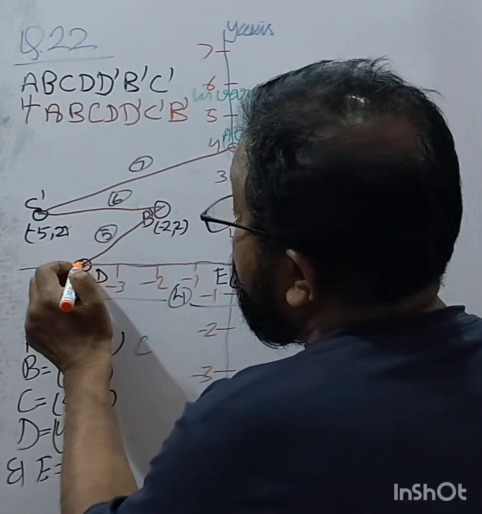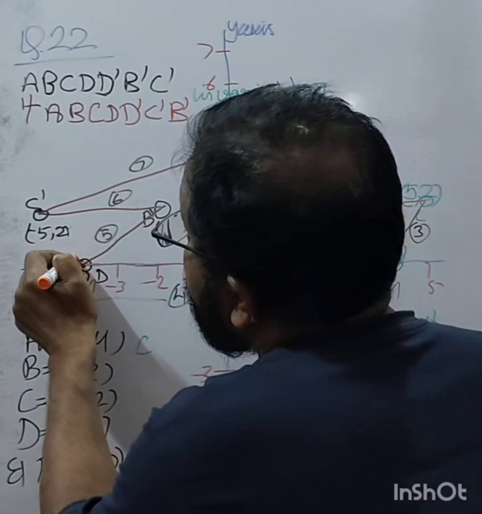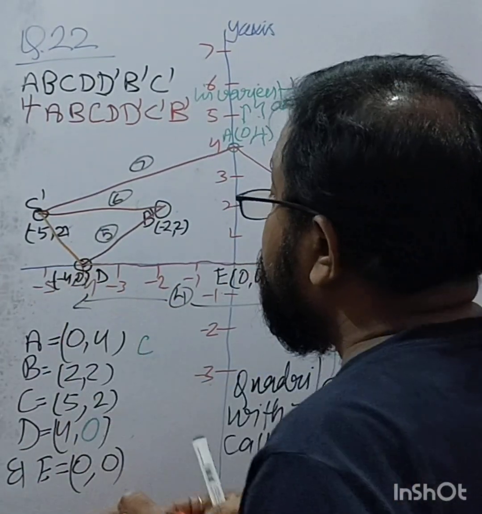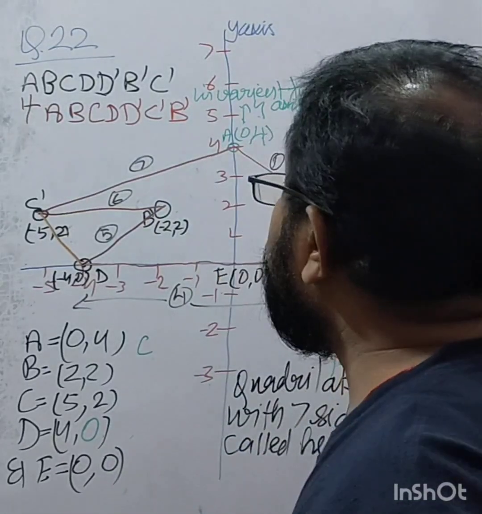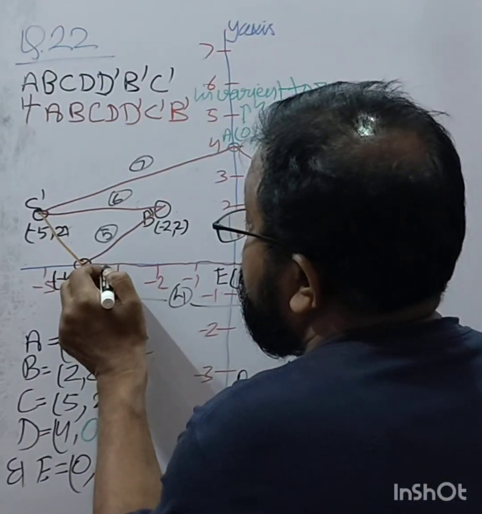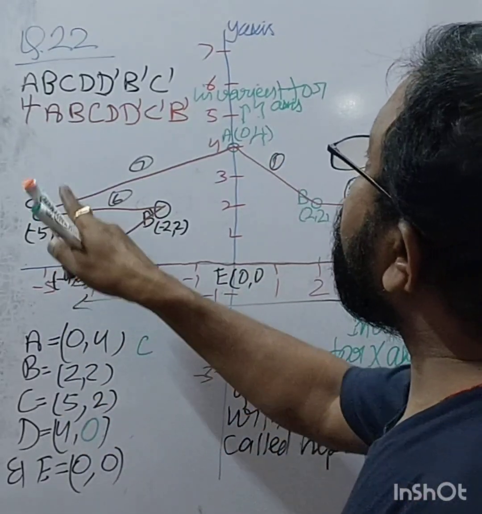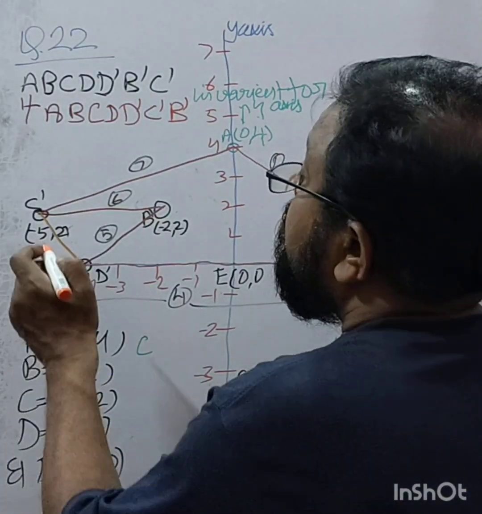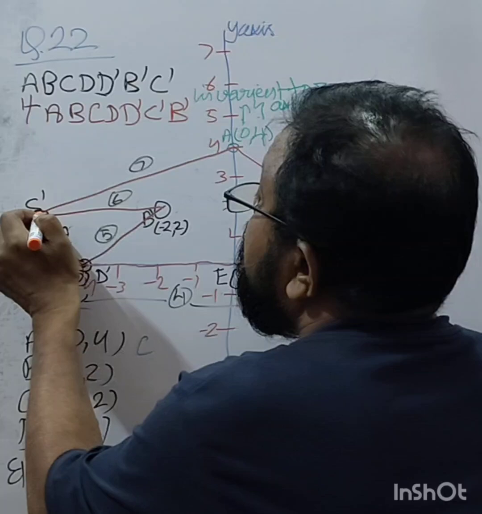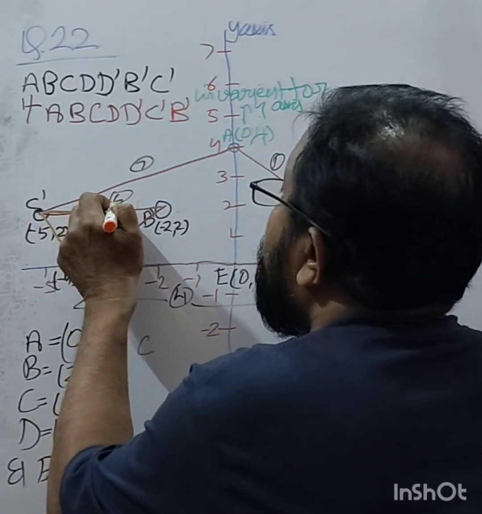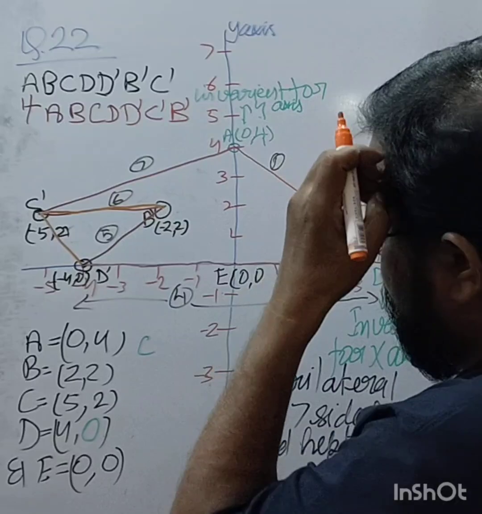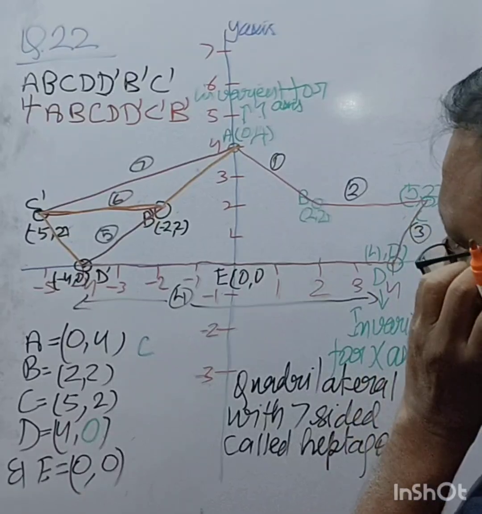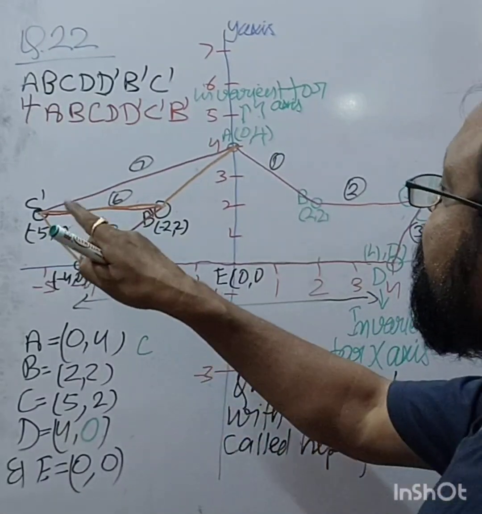Then what do we do? You will join D dash, then we have C dash, then we join B dash, and then we join A, right? Like this.